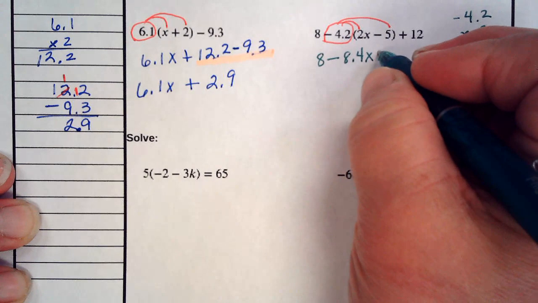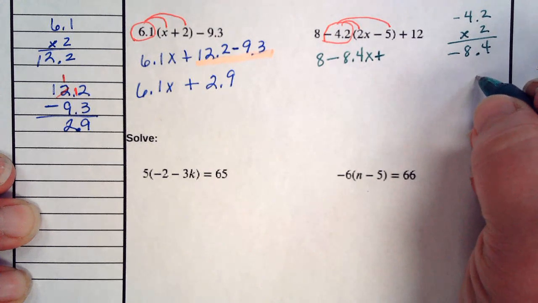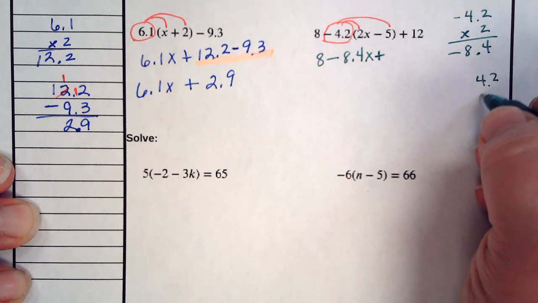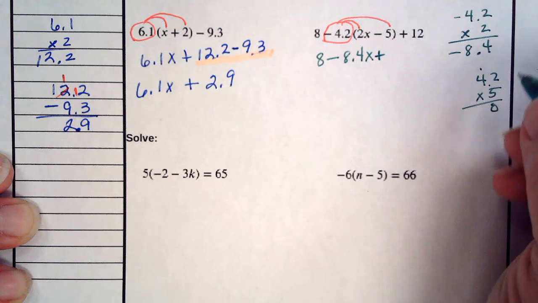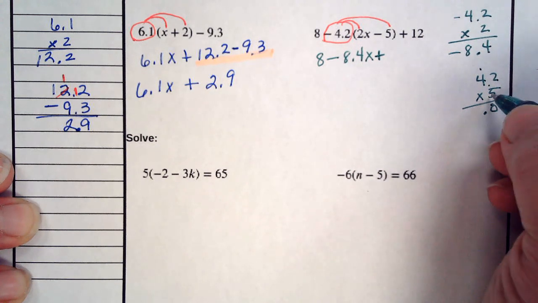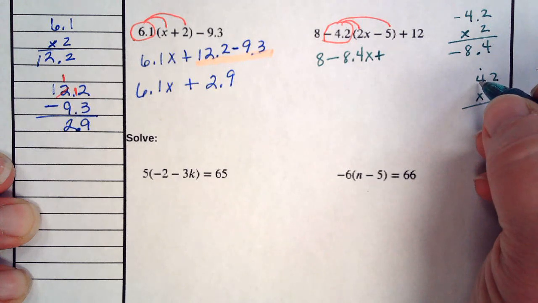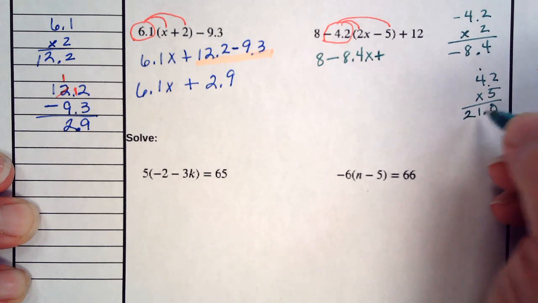Negative times negative is a positive. 4.2 times 5. 5 times 2 is 10. Put the 0 down, carry the 1. There's your decimal. 5 times 4 is 20, plus 1 more is 21.